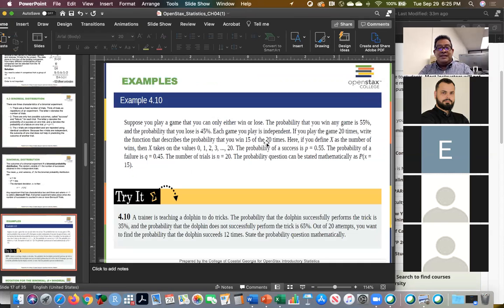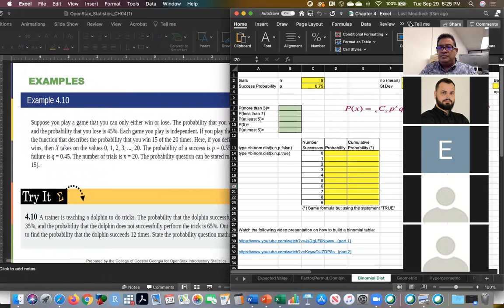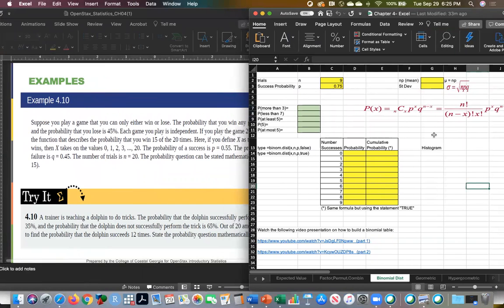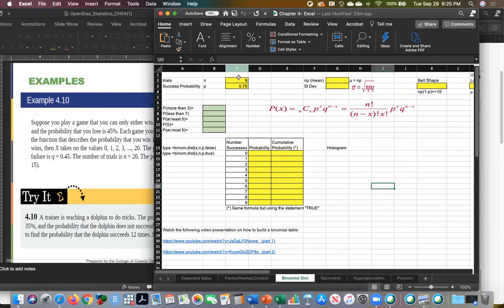So how do I interpret this? Let me open my example. I am interested in finding the binomial distribution of this. Before doing that, just imagine that we are doing 9 surgeries, and each surgery has a 75% chance of success.